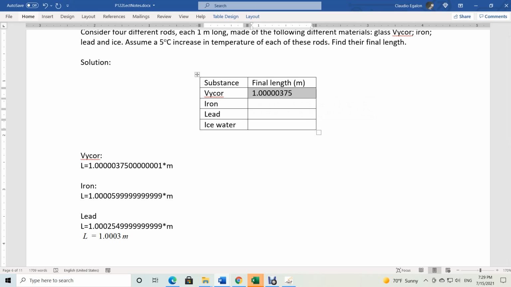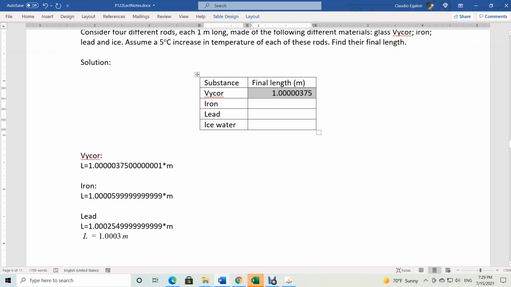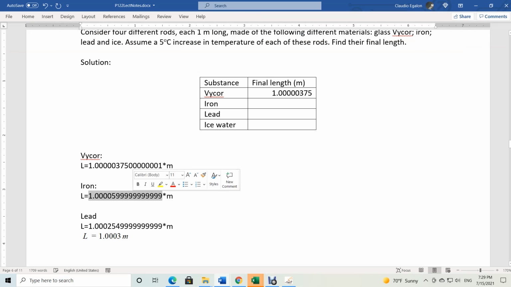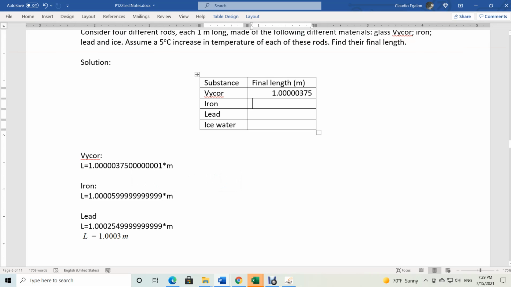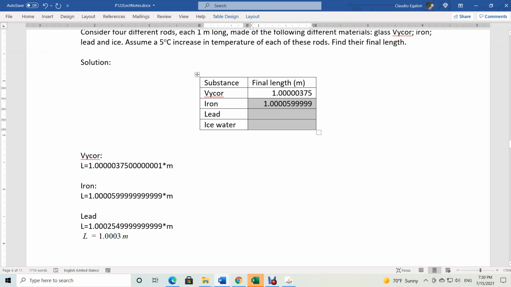I'm gonna justify right. All of those are going to be justified right, so you can see the decimal places more easily.